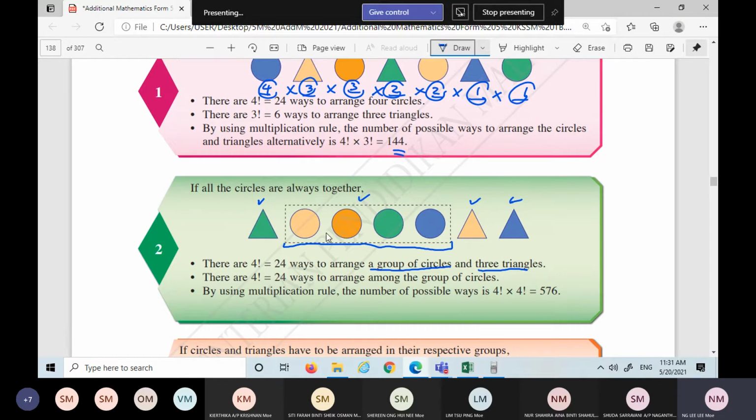This is the idea for this kind of question. Among the group itself, when the 4 circles arrange, again it is 4 factorial, 24 ways. Therefore the final answer is 4 factorial times 4 factorial, 576.